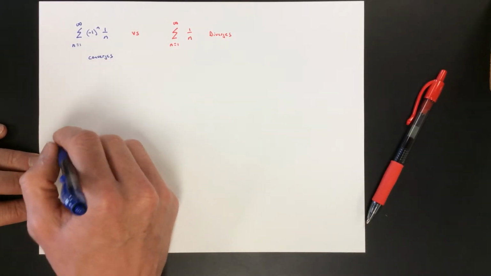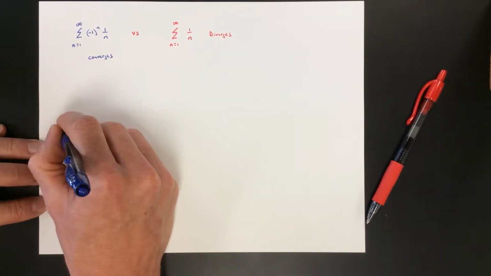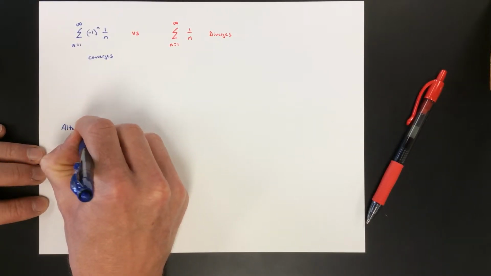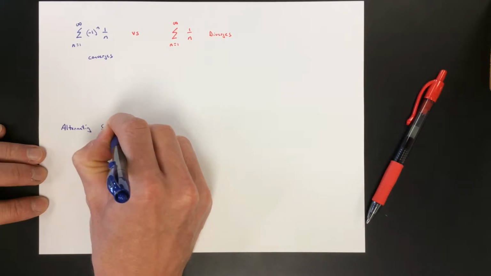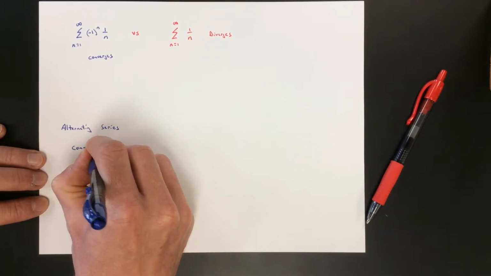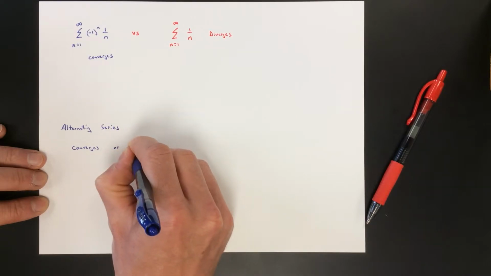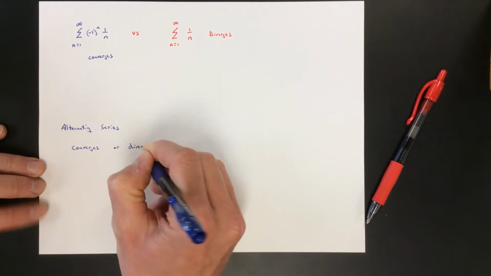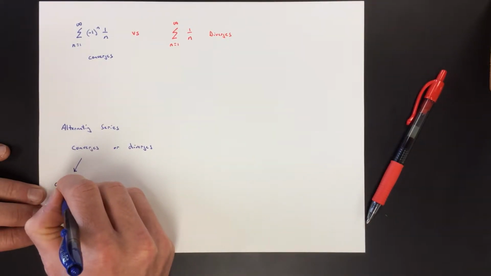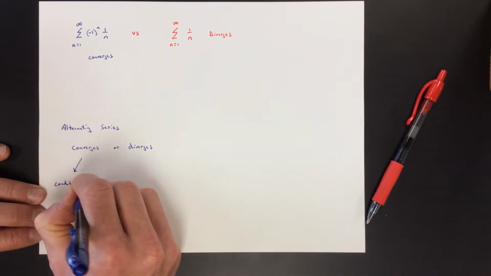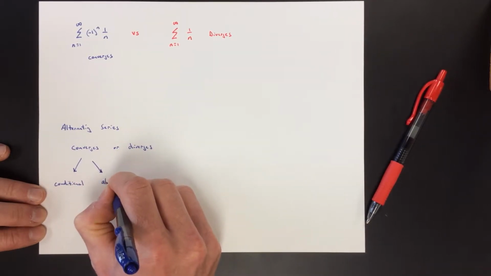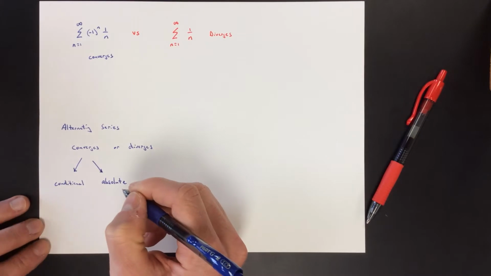So if you have an alternating series, it either converges or diverges. If it converges, it either has conditional convergence or it has absolute convergence. And it's really easy.